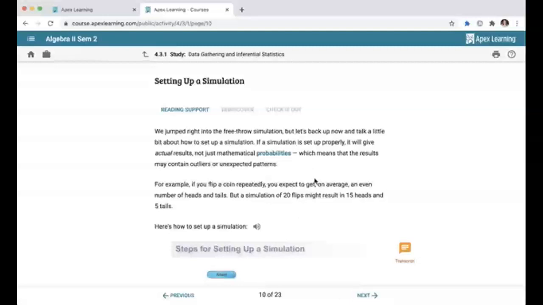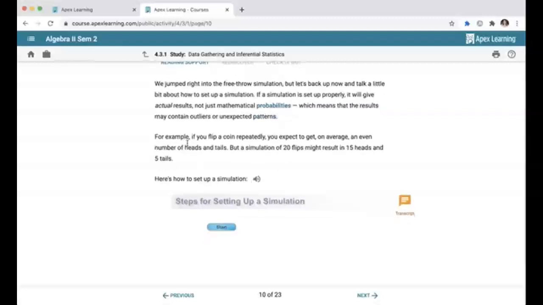So then they take a step back here and talk about how to set up a simulation. Of course, if a simulation is set up correctly and takes everything into account, it becomes actual results and not just probabilities.